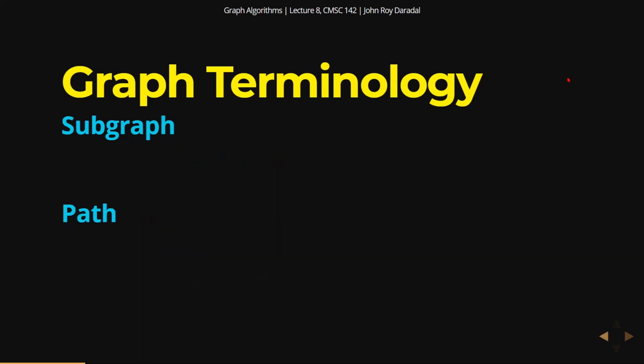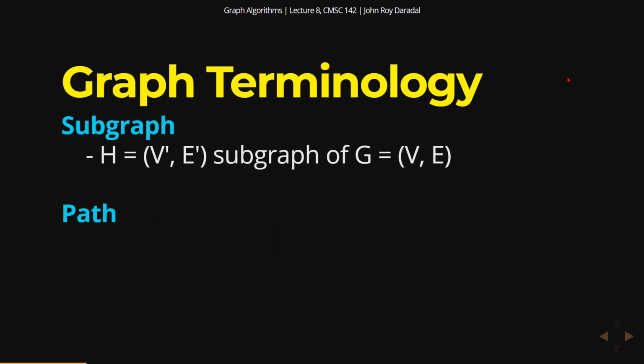Next we have a subgraph, which is just another graph H that uses V prime and E prime as its vertex set and edge set. It's a subgraph of G if the set of vertices is a subset of the original graph's vertices, and the set of edges is also a subset of the original set of edges. So you're basically taking part of the graph.